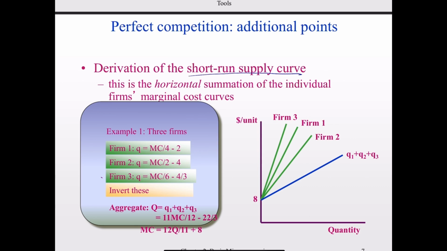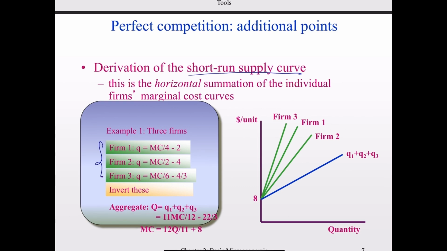It is the horizontal summation of individual firms' marginal cost curves. Suppose we have an example here with 3 firms with different marginal cost equations. By summing them, we get the aggregate supply curve for the industry. The right-hand side is the graph. The graph shows how the individual firm supply curves combine to form the industry supply curve.